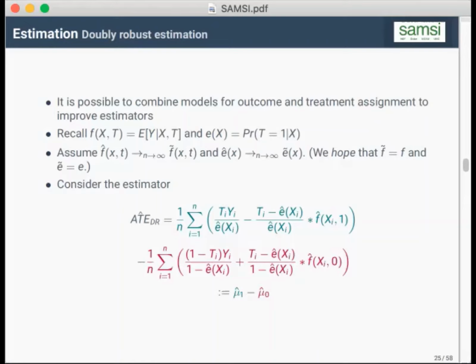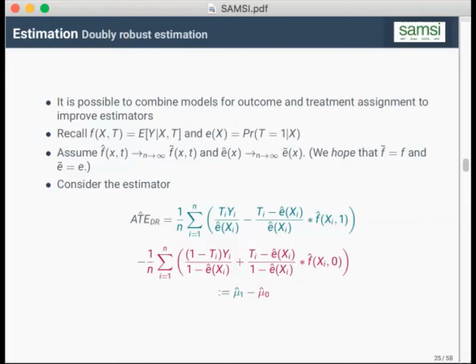This estimator is called a doubly robust estimator, or I'll denote it with a DR, ATE sub DR for doubly robust. It involves two main terms. The top green one estimates the potential outcome under t equals 1. And the bottom red term estimates the potential outcome under t equals 0. Each of these terms itself involves two terms.